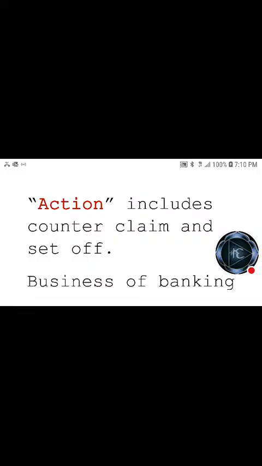It's egregious, and that's what gives you the right to take action. Action includes counterclaim. Counterclaim when they try to sue you. You can counterclaim. All right, let's move along.